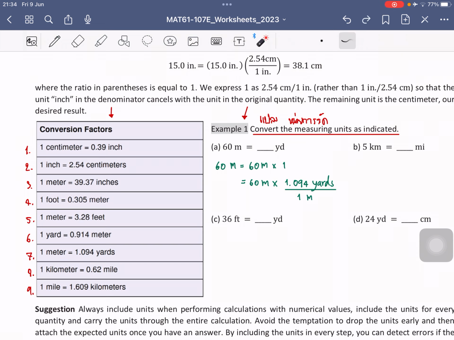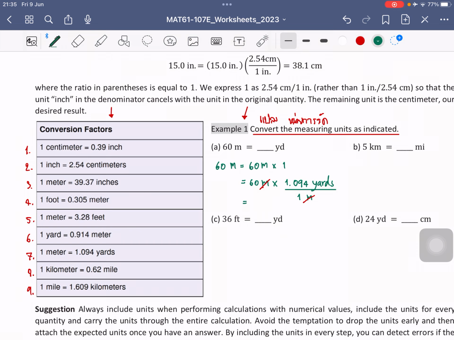So that means I can say that this is equal to 1, ผมสามารถพูดได้ว่าตัวนี้มีค่าเท่ากับ 1, because this one and this one are the same. So now we can cancel the units meter and meter, and at the end we will get the number of yards.